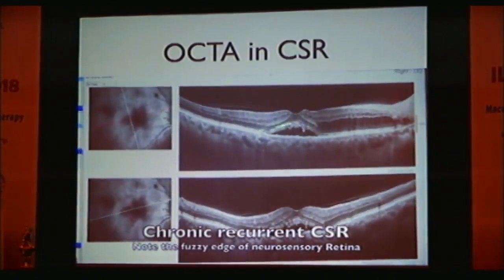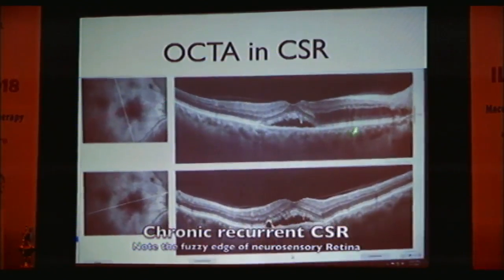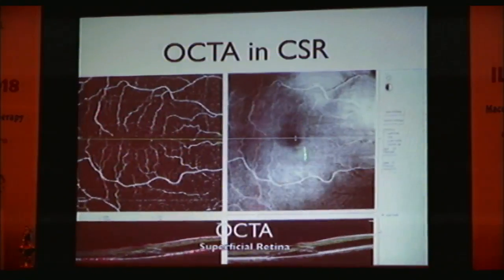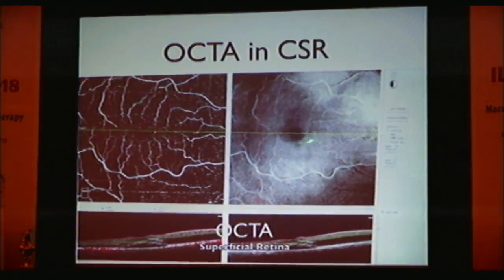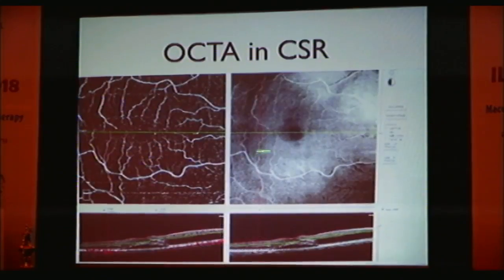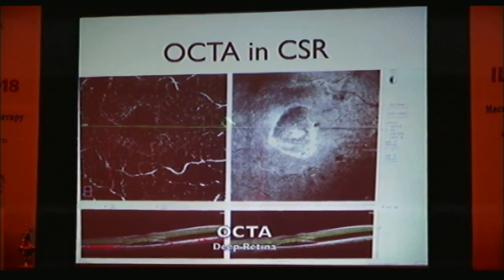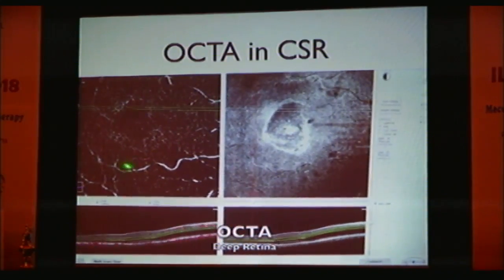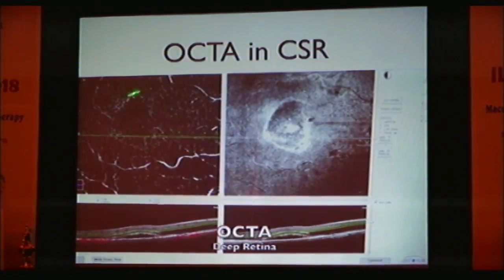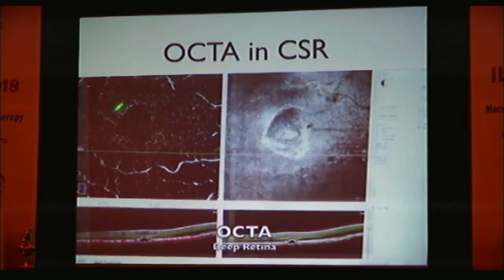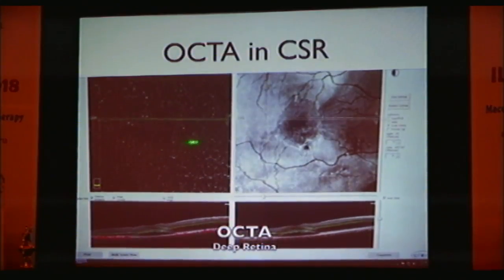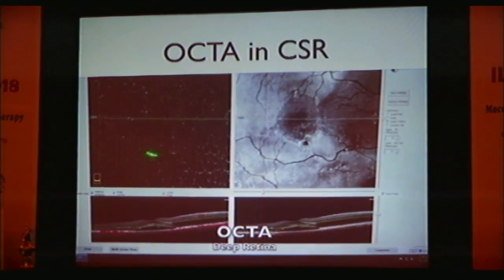You can look at these ragged margins, fuzzy edge, chronic CSR line scan. You can see the thin retina. Actually, in CSR, you go to the deep layer, and usually, as far as I feel, chronic CSR gets dark areas. This is the outer retina.